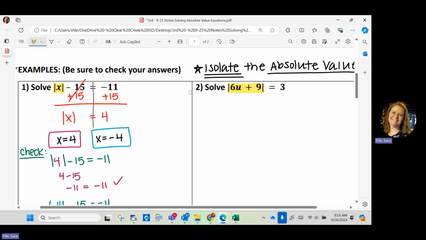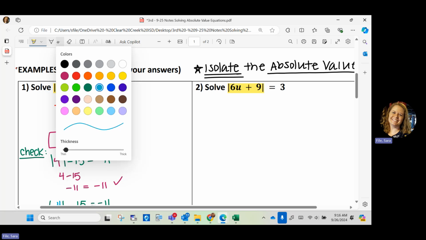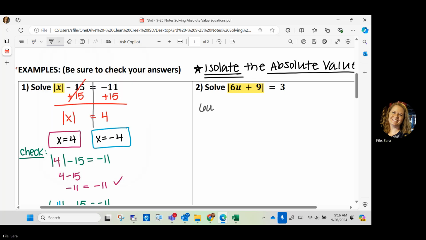Because here we took what was inside, the x, and we set it equal to positive 4 and we set it equal to negative 4. We're going to do the same strategy over here. We're going to take what's inside, but this time what's inside is 6u plus 9.